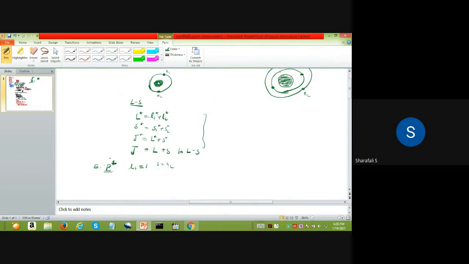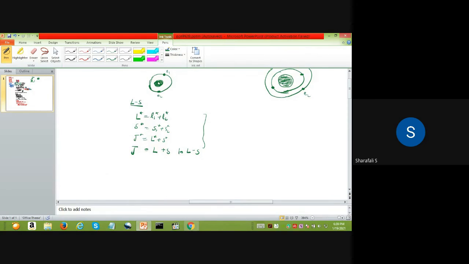If there are 2 electrons, then we have to consider the L and S values of both those electrons, as in this figure here.